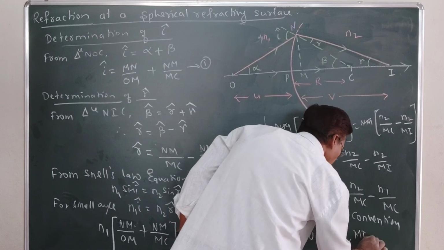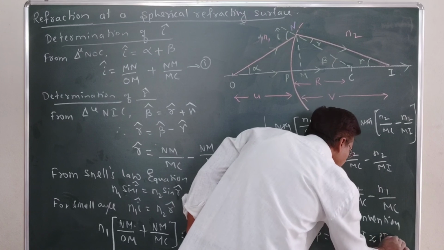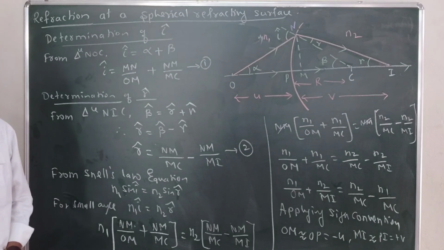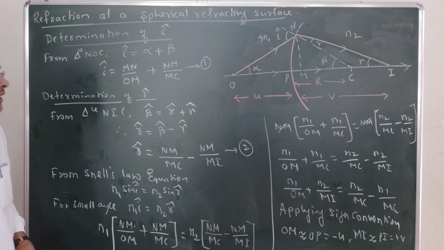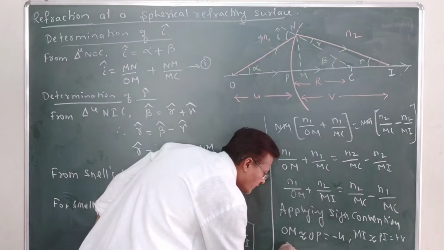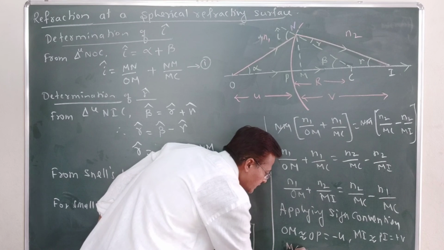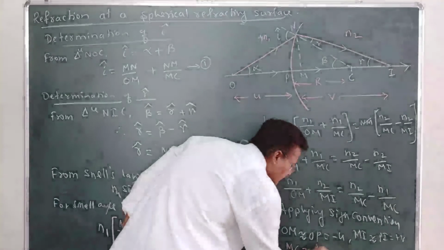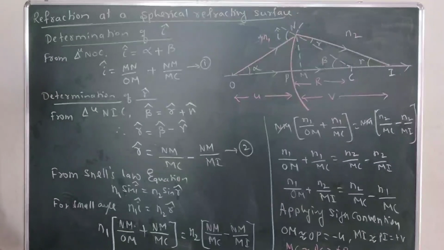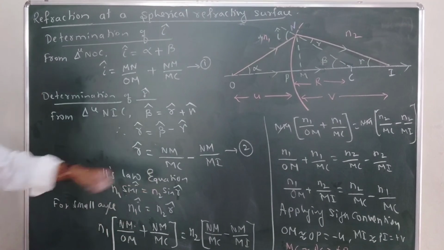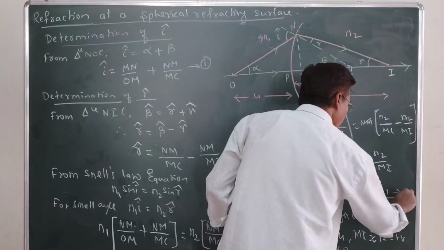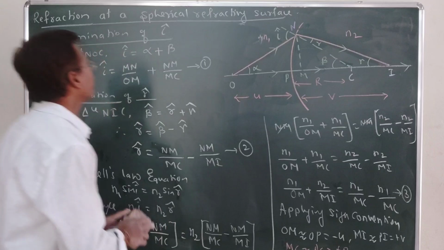MI is nearly equal to PI, which is plus v. Now MC is equal to PC, the distance between the pole and the center of curvature. So MC is nearly equal to PC, which is plus R. We can substitute these in the above equation, which we call equation 3.